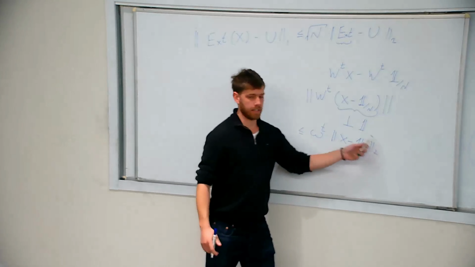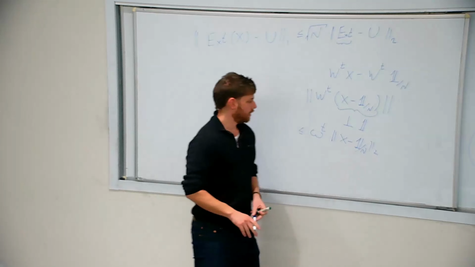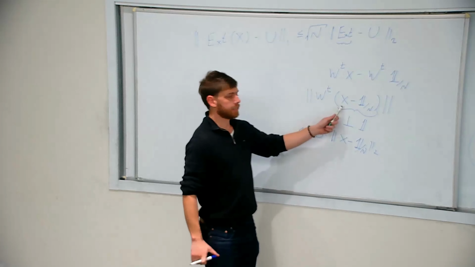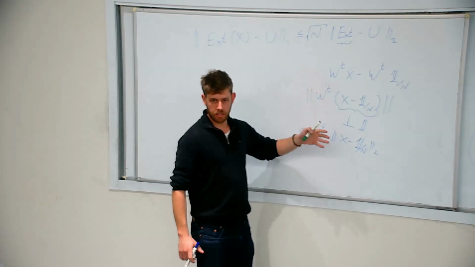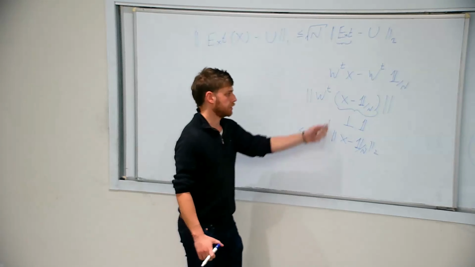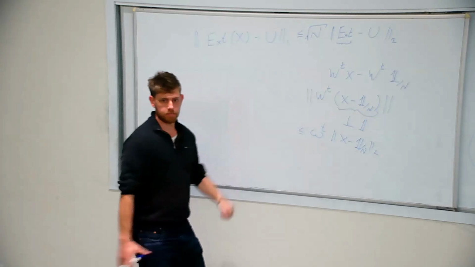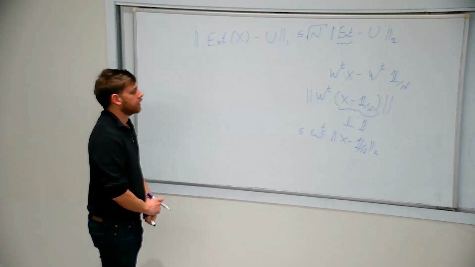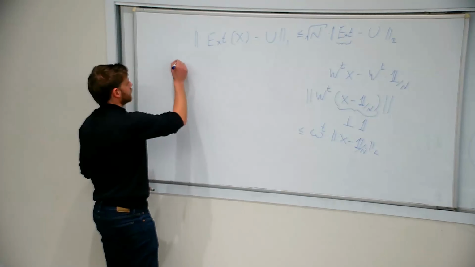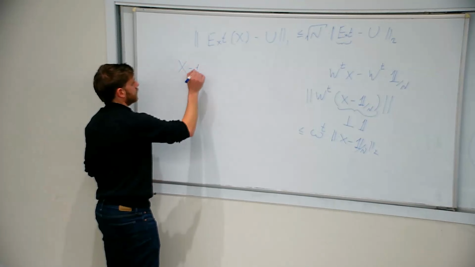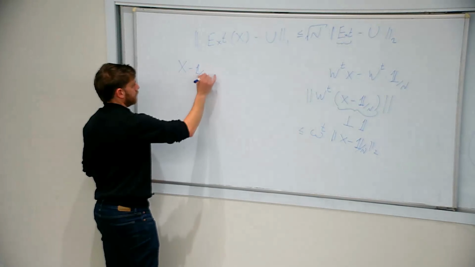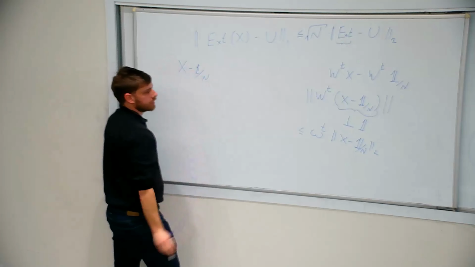Okay, so now we need to analyze this one. X is a distribution, so this sum is 1, and this one also. So X minus the uniform 1 over n vector.